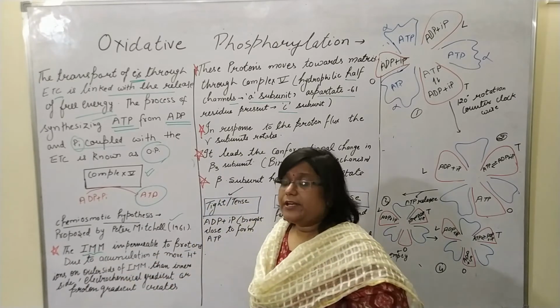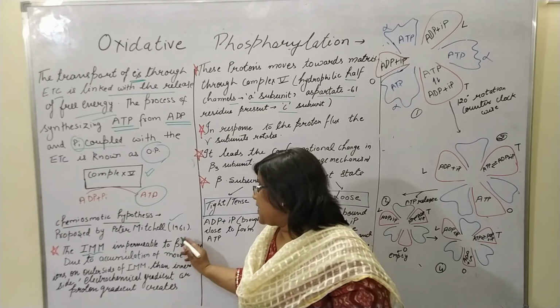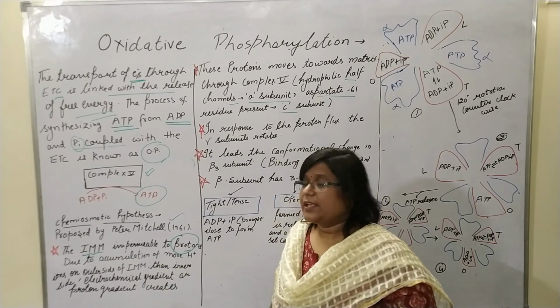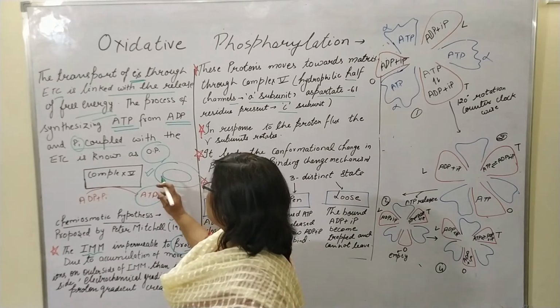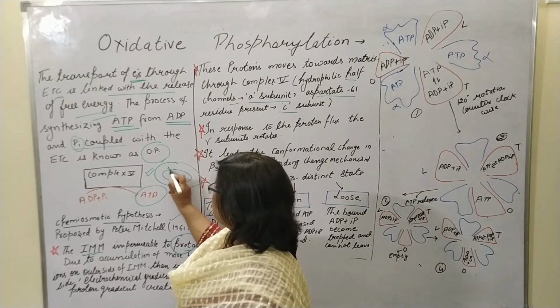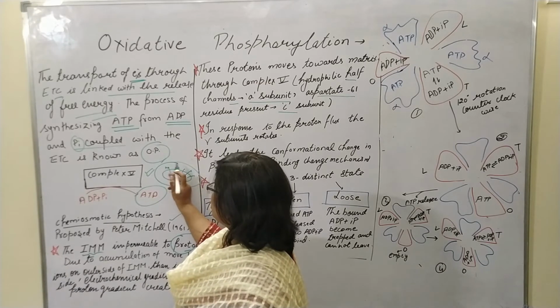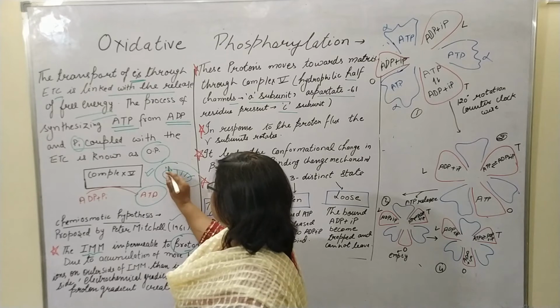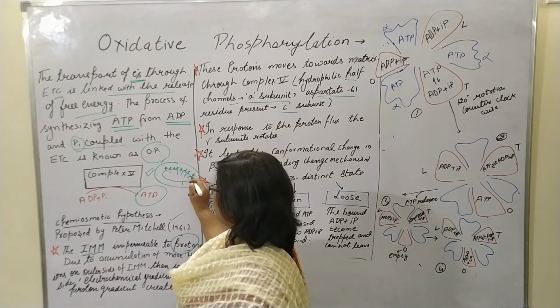As I have already told, the inner mitochondrial membrane is impermeable to protons, and in the electron transport chain, the protons are sent toward the outer side of the inner mitochondrial membrane.